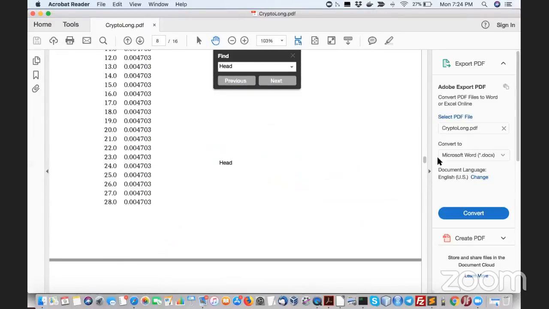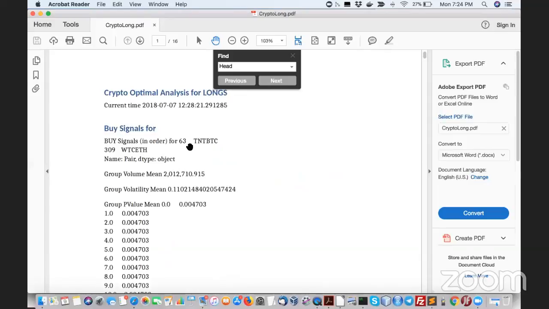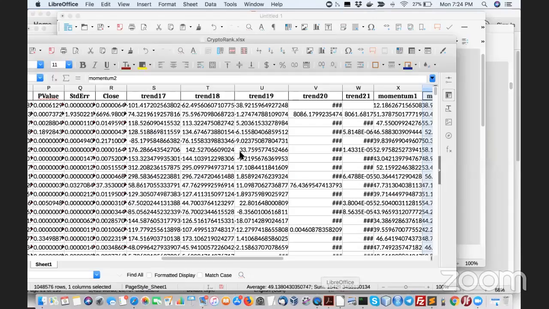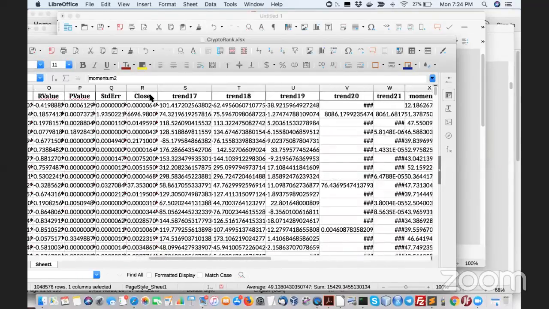As I said at the beginning, we have 3 pairs. We've got buy signals for TNT, BTC, WTC, Ethereum. So there are 2 pairs here that I'm using in this report. And yeah, that's what I'm doing to calculate the short-term trend.